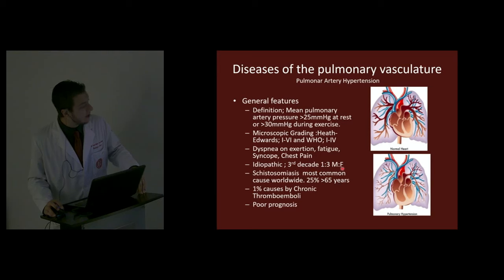The female to male ratio is about 3 to 1. And schistosomiasis is the most common cause worldwide, having like 25% of the cases in people over 65 years. Interestingly enough, chronic thromboemboli are only considered 1% of the causes, and overall it has a poor prognosis.